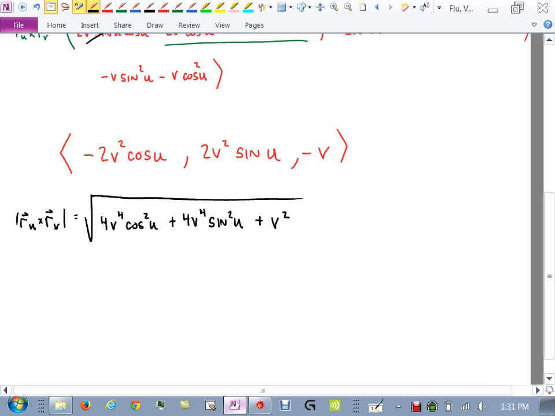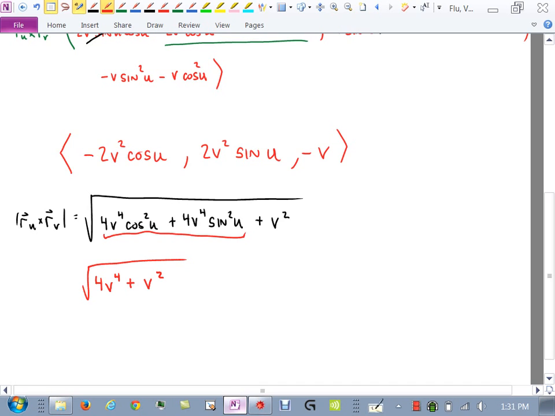Yeah, factor out a 4v to the fourth from the first two, and you're left with a cosine squared u plus sine squared u, aren't you? Which turns into a 1. So you have a 4v to the fourth plus a v squared.